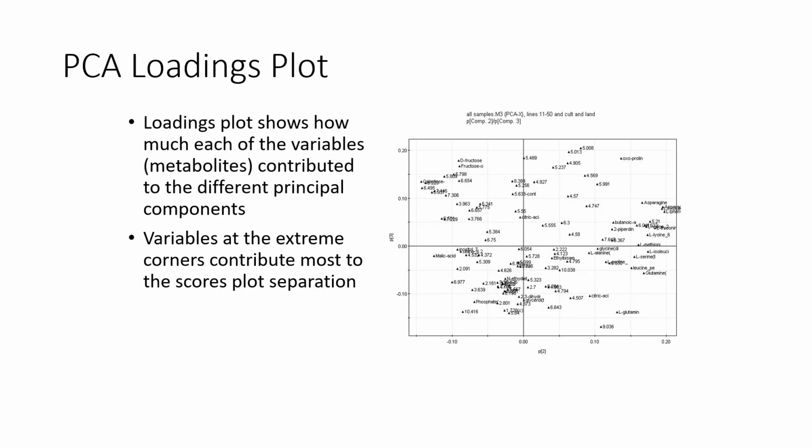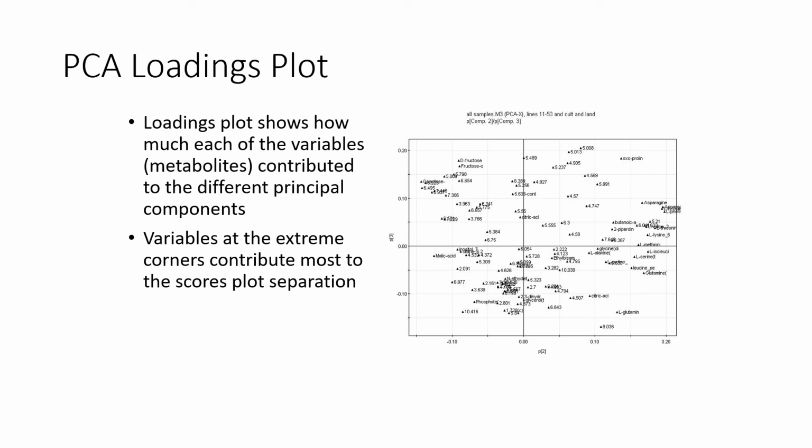We also have a loadings plot, and this illustrates how specific, in this case, metabolites differ or contribute to the different principal components. So there are, in some cases, these metabolites that are shown here, the ones on the far right, drive the separation on one side, and metabolites on the far left drive it on the other side.